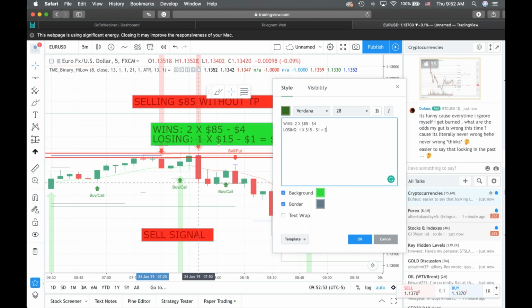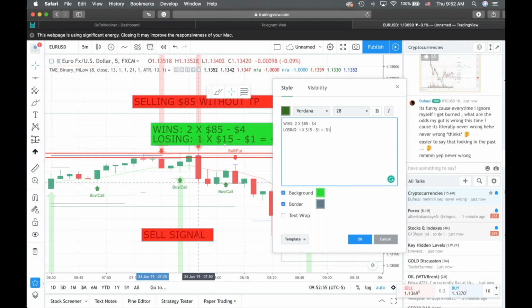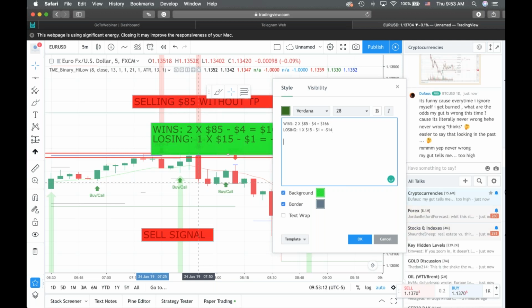So we're looking at $14. It's so bad math. 85 times 2 minus 4, we're talking about 166, minus 14, a net of 152.